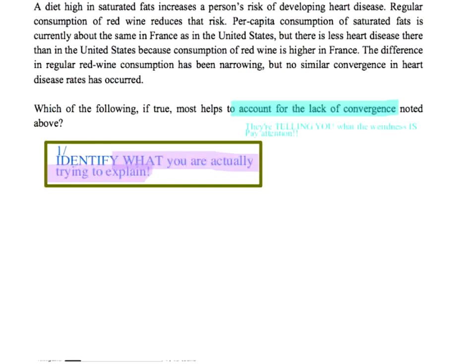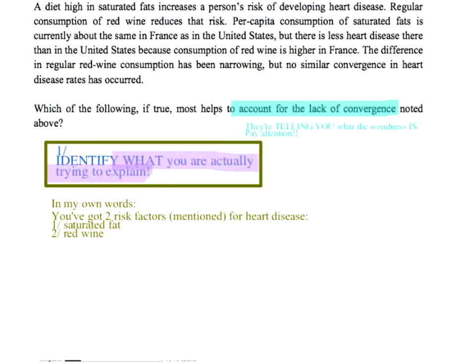So at least in my own words, here's the passage. You've got two risk factors at least mentioned. There might be others, but there's two risk factors for heart disease, which are number one, saturated fat in the diet, and number two, red wine.